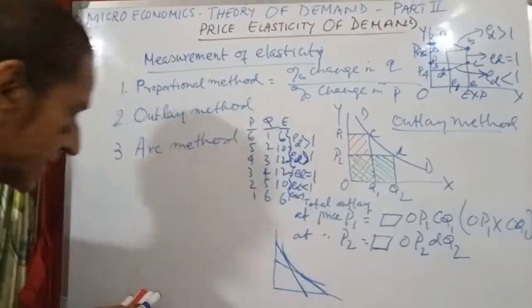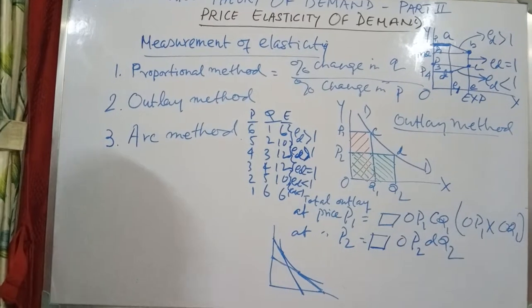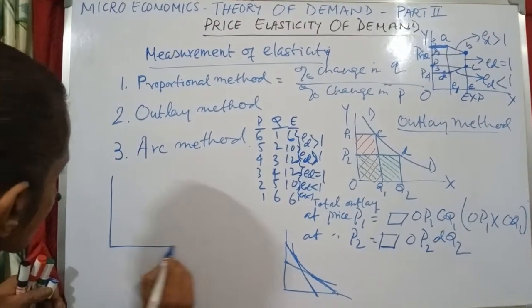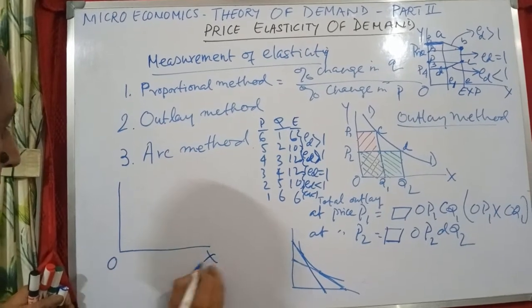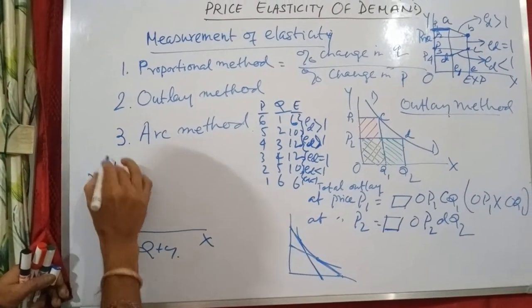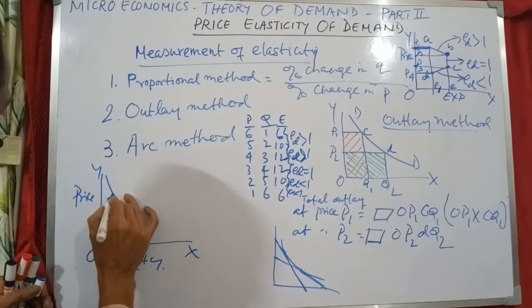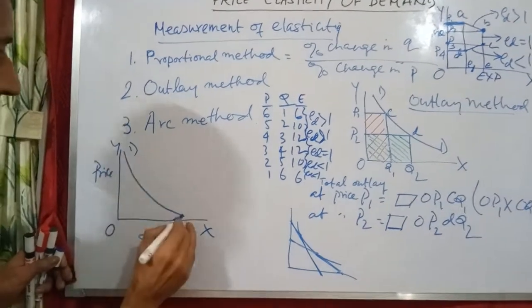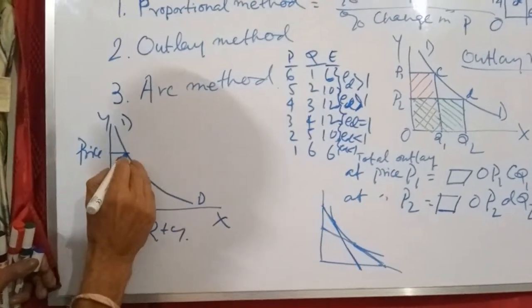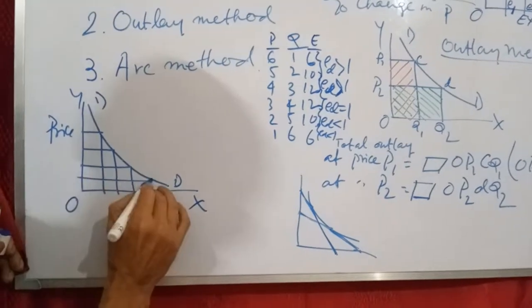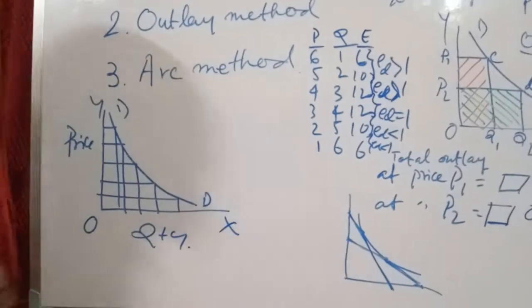In a rectangular hyperbola demand curve, quantity on x-axis and price on y-axis. This is rectangular hyperbola demand curve. You see, all the rectangles have equal area.